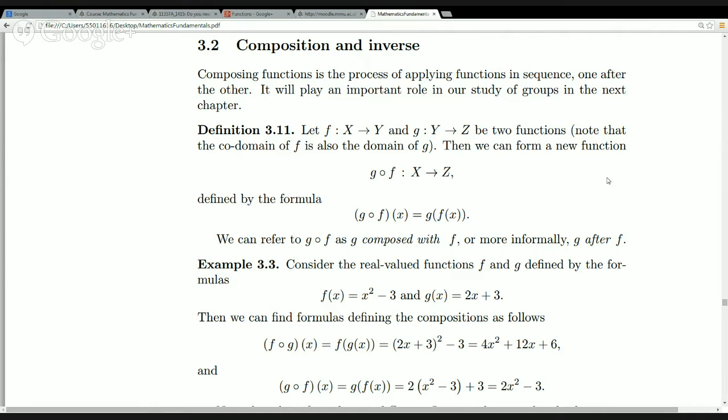So this corresponds to the very basic everyday idea, and it's not any kind of mysterious idea. It's very basic, it's very fundamental, of doing one thing after another.